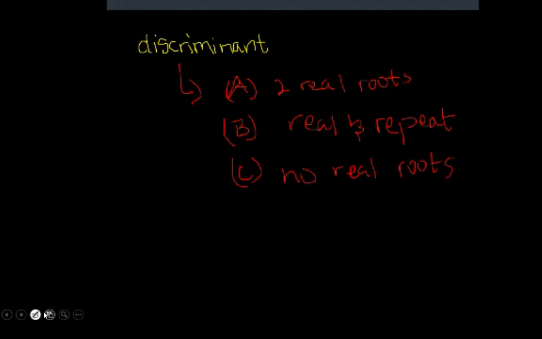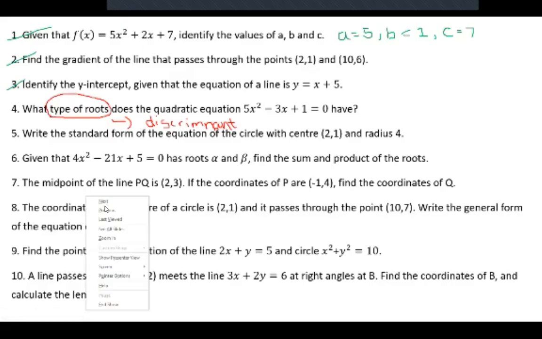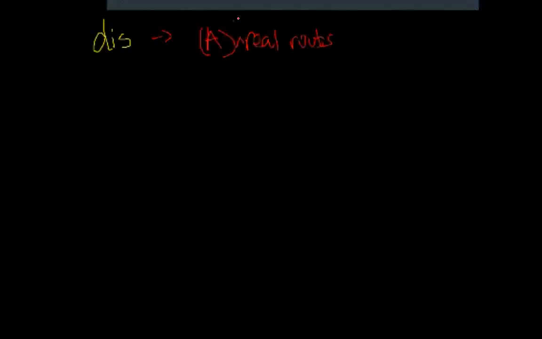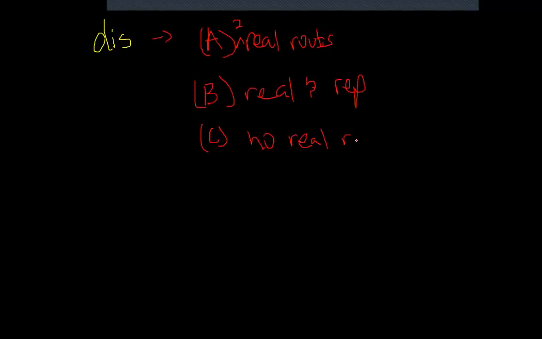Remember, we did all this already. When they ask the type of roots, it could be two real roots, a real and repeated root, or no real roots, or you might see imaginary roots.